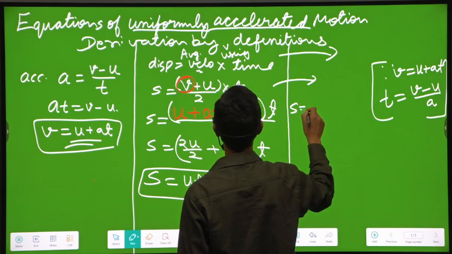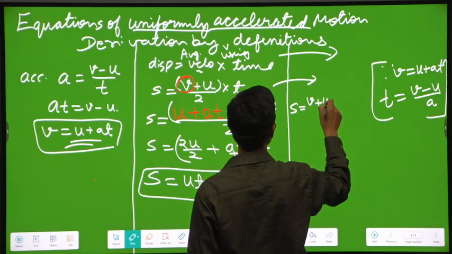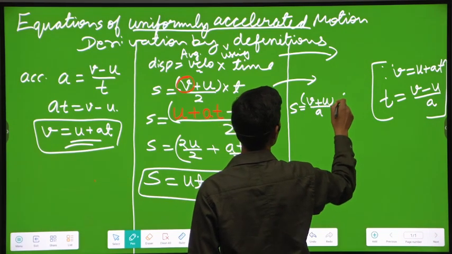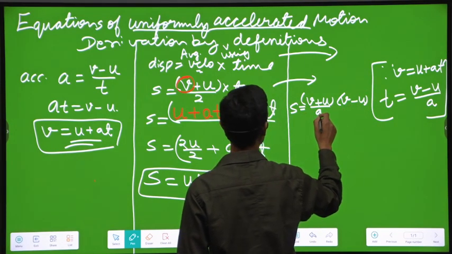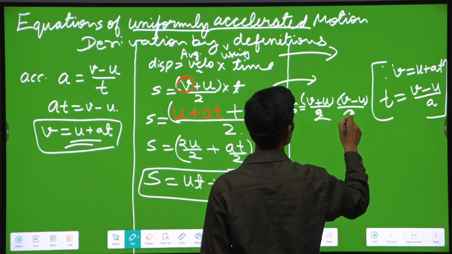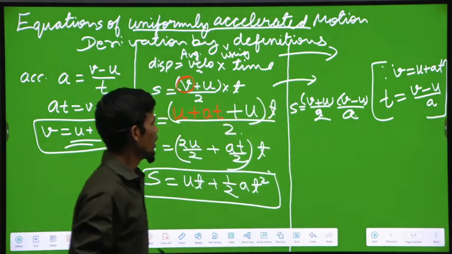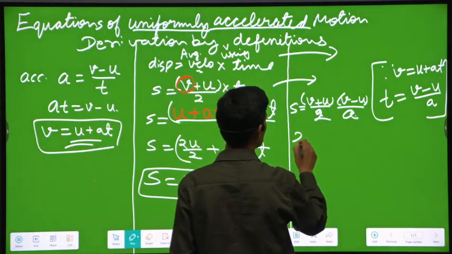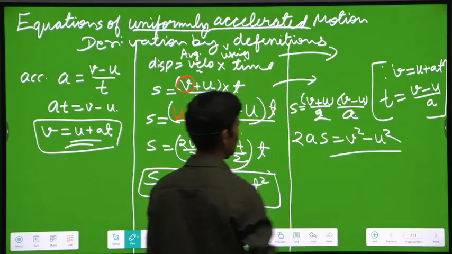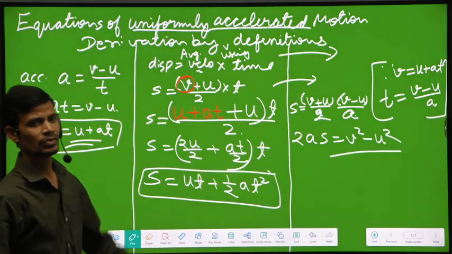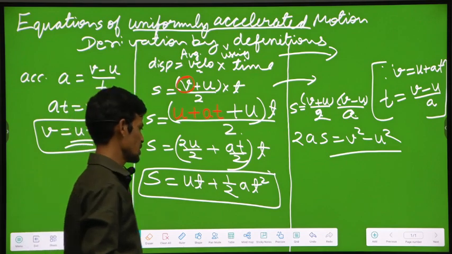So s is equal to v plus u by a multiplied by v minus u, oh sorry, by 2. And so now it's quite easy. 2as is equal to v square minus u square. You can further change it, v square equal to u square plus 2as.